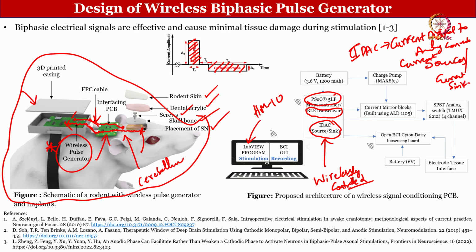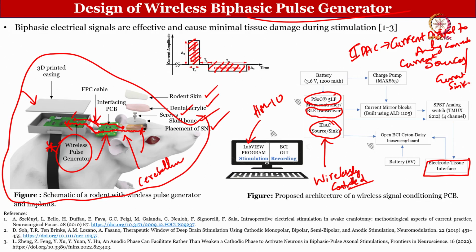So, here if you look at it, there is an electrode tissue interface here, right. Now, you want to have something which is for generation as well as recording. Even though the slide says pulse generator, the emphasis is more on generation, because we are not going to discuss the acquisition part, as that is not the objective of this course.